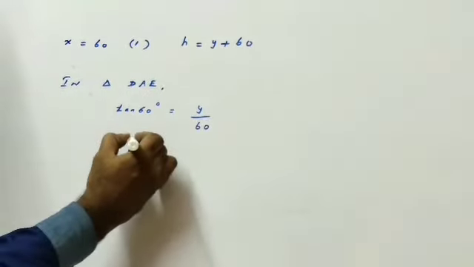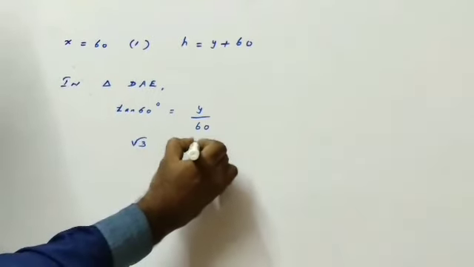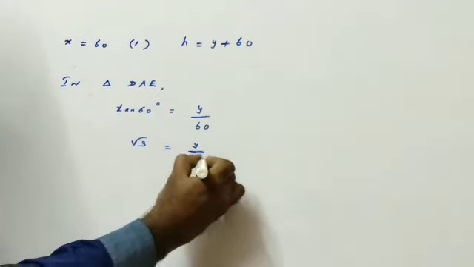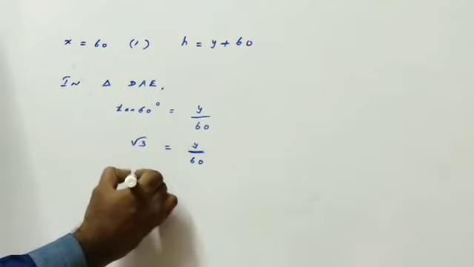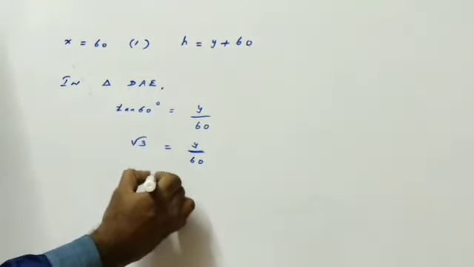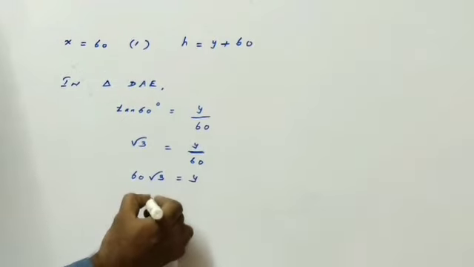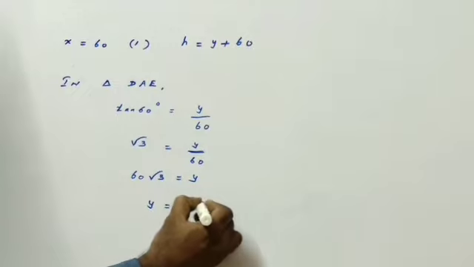Tan 60 value is root 3. Root 3 equal to Y by 60. Now cross multiply 60 with root 3, which gives 60 root 3 equal to Y. Now we can write Y equal to 60 root 3.